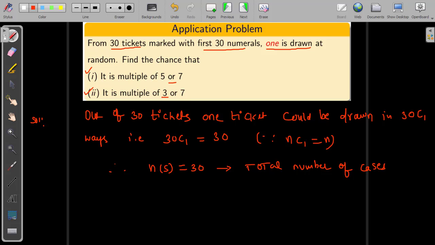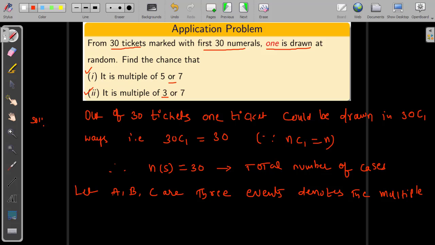Let A, B, C be three events which represent the multiples of 5, 7 and 3 respectively.